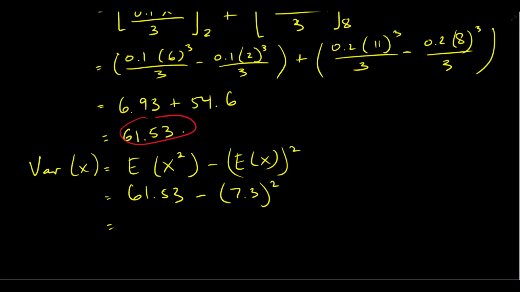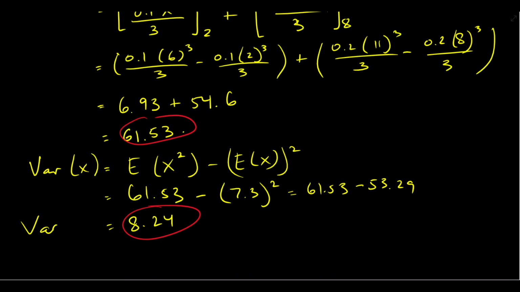So this will be 61.53 minus 53.29, which equals 8.24 as the variance for the continuous random variable x.